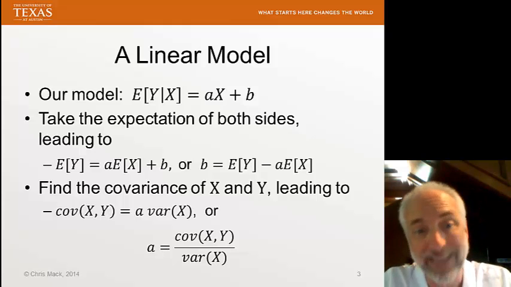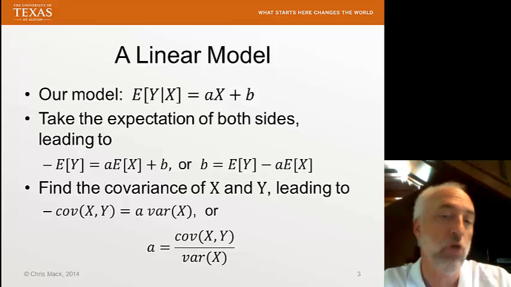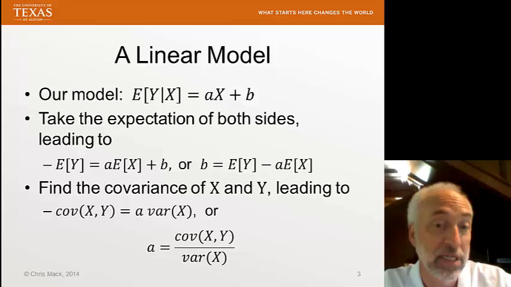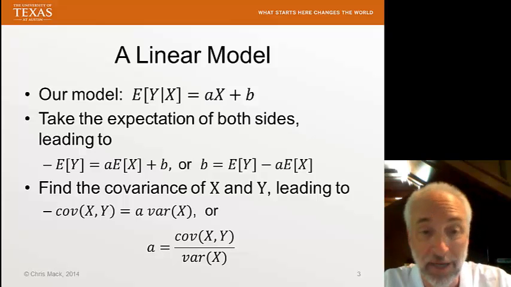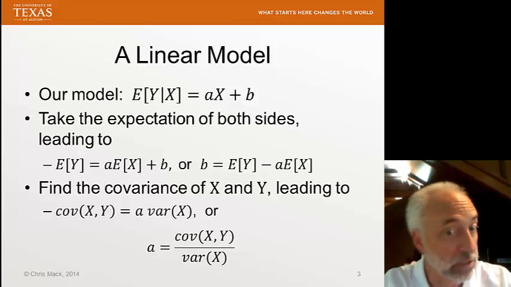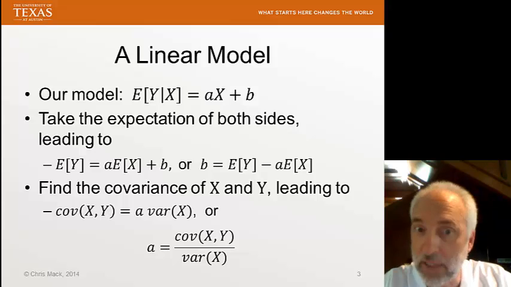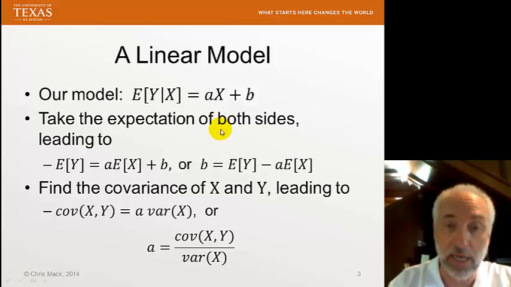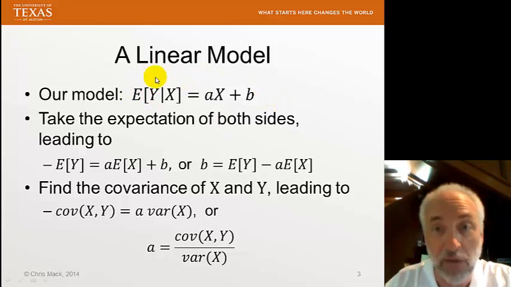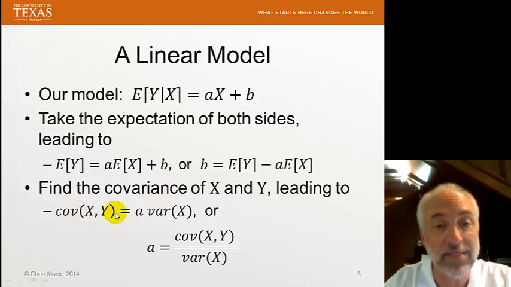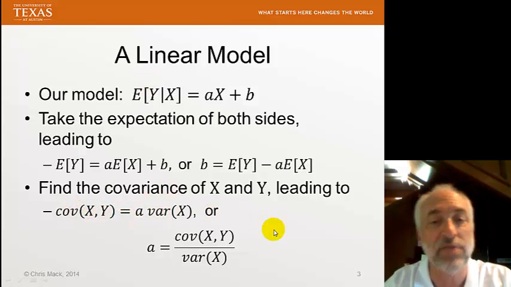So I write down the definition of the covariance of x and y. It's the expectation of x minus its expectation times y minus its expectation. And I carry out that calculation, and I find, assuming this linear model, that the covariance of x and y is simply a times the variance of x.